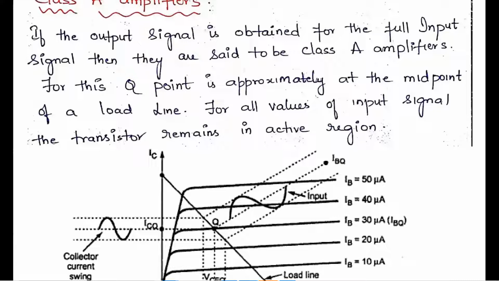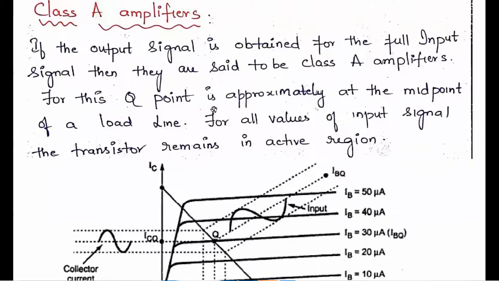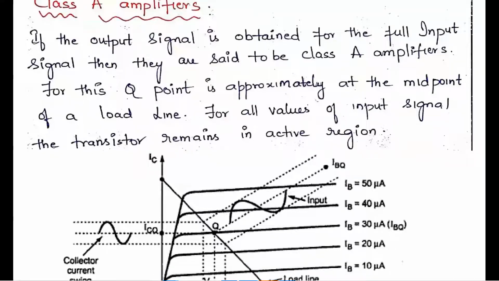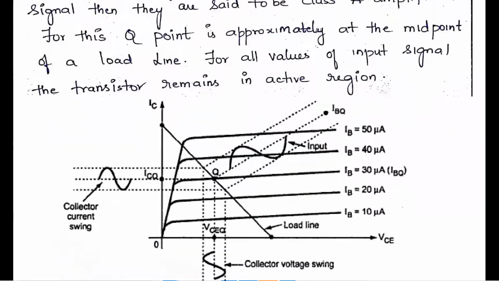The other half cycle is simply eliminated. That is class B. The class A amplifier that we are discussing now is meant to amplify both the positive as well as the negative half cycle.